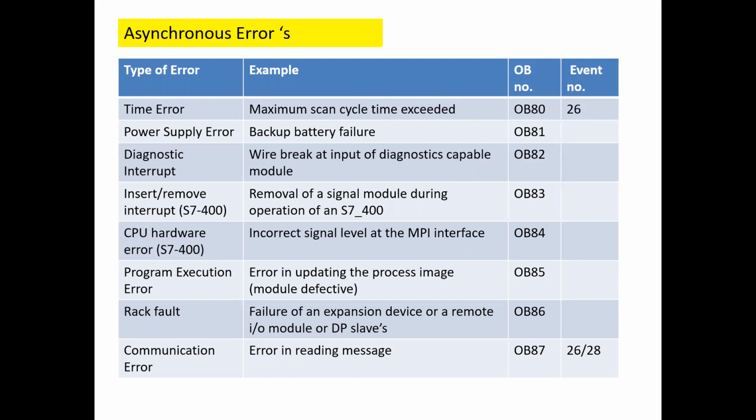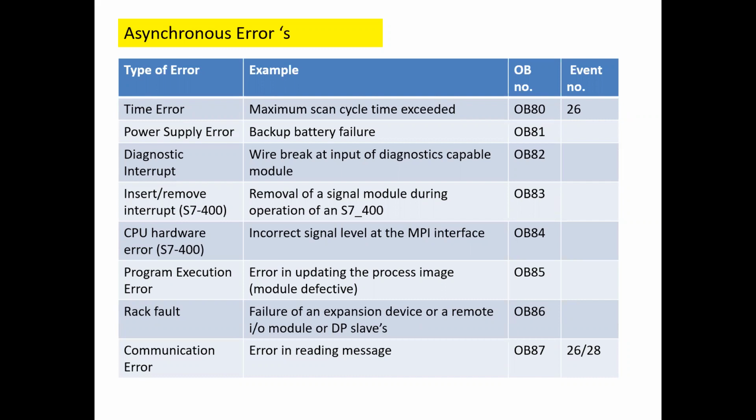But asynchronous errors occur anytime, like depending on the time error, the execution time. If it is taking more execution time, there is a limit, like 150 milliseconds maximum that your CPU can take. But if it is crossing that limit, for example, I should complete 1 kilometer distance within 5 minutes, but if I am exceeding the time, that is an error.